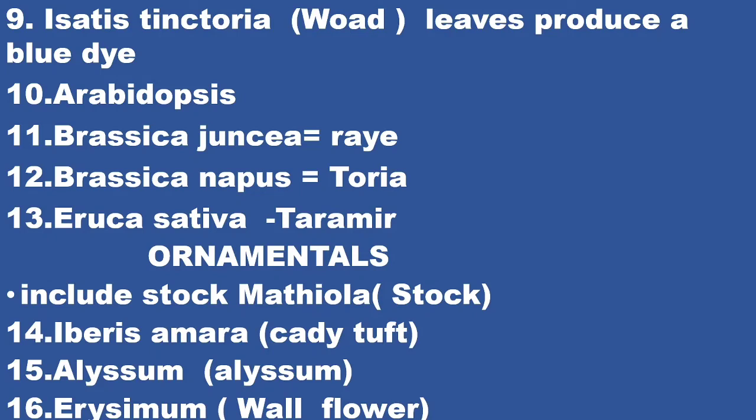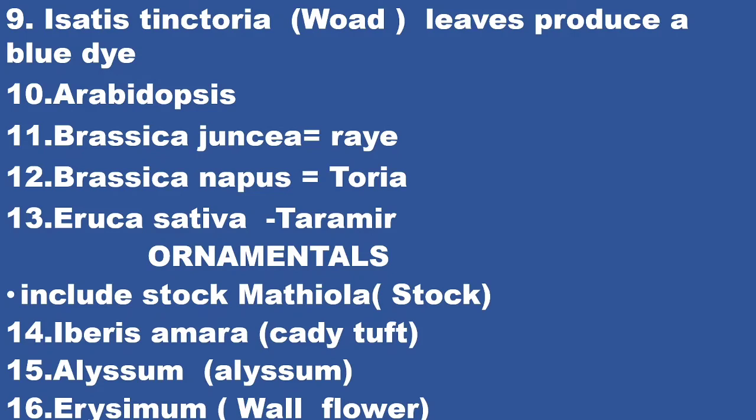Arabidopsis, a very important plant, also belongs to this family. Brassica juncea, it is the rai used as spice. Brassica napus is toria. It is different: Brassica rapa is the turnip and Brassica napus is toria. So that is the major difference.